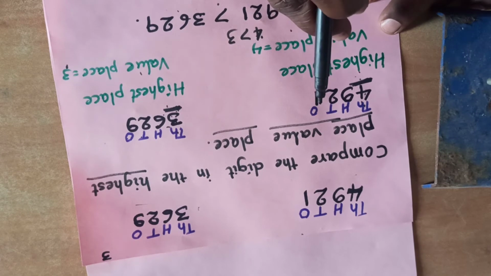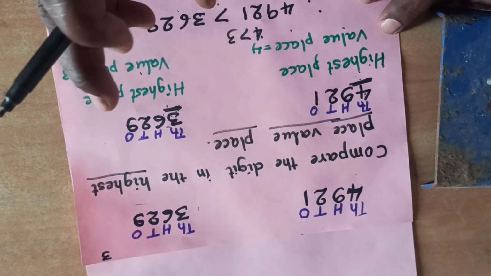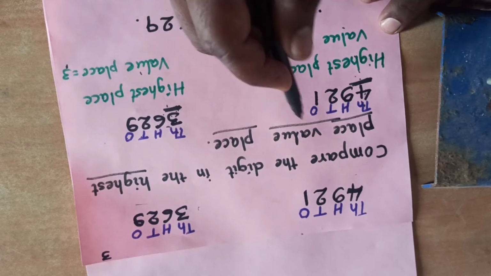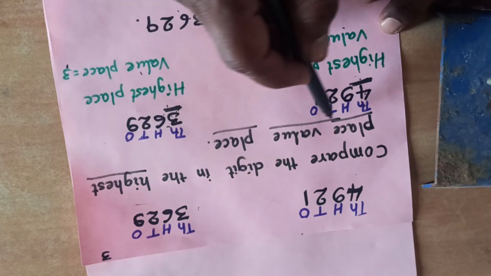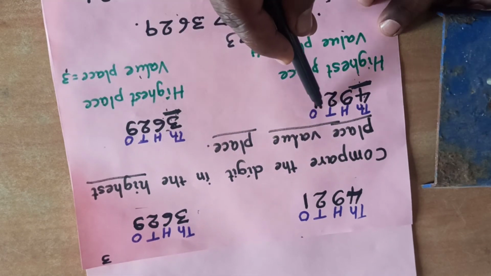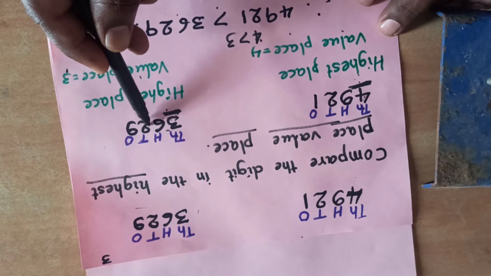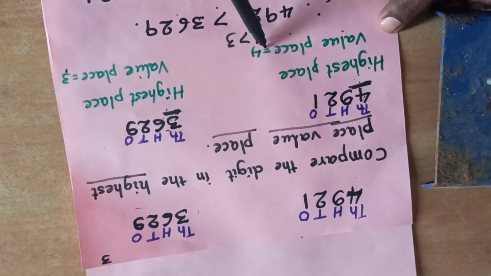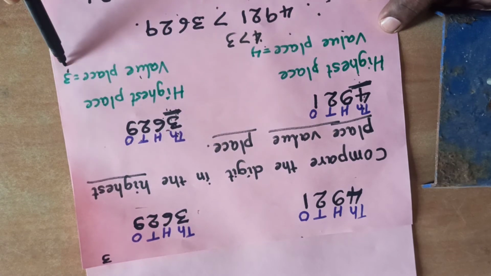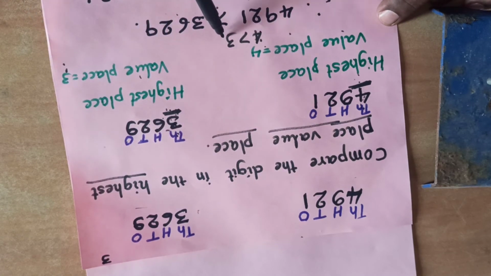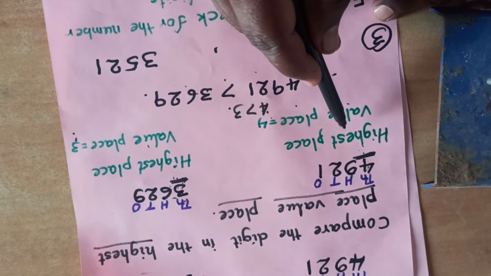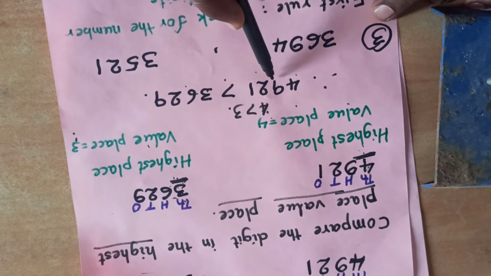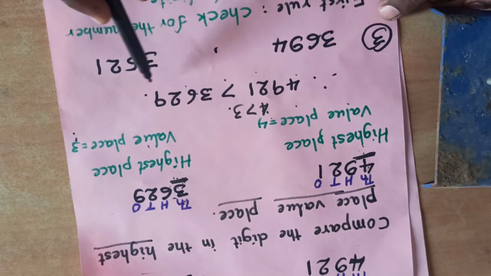Here the highest place value is 1000, in this number also 1000. The highest place value digit here is 4, here it is 3, then 4 is greater than 3, so 4921 is greater than 3629.